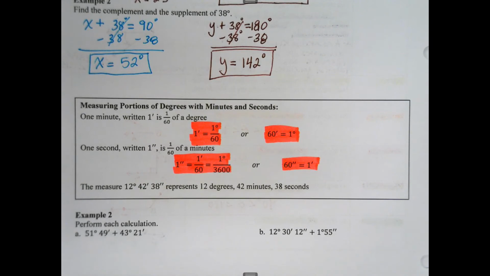Example 2 has us adding two angles together that are in degrees, minutes, and seconds.